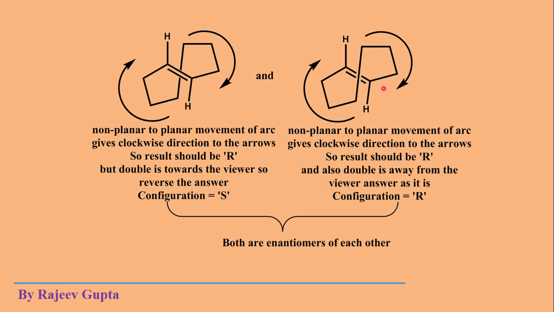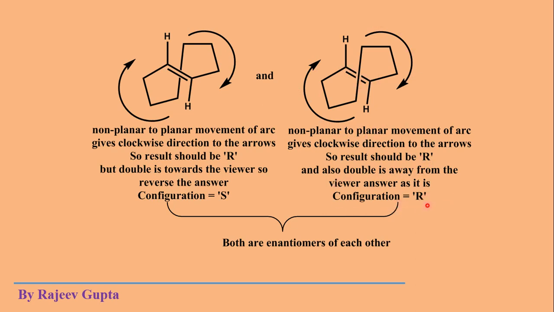Now consider this molecule. Here if we move from non-planar to planar, non-planar upside and planar downside, then we get a clockwise direction of arc. So the result will be R. Again, the double bond is away from the viewer, so the result stays as it is.